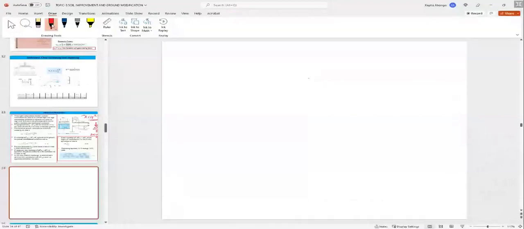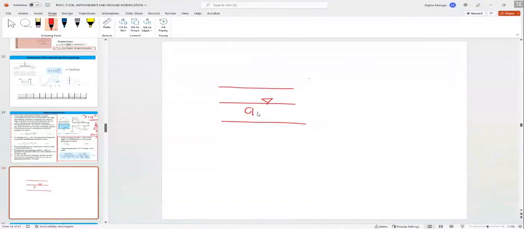All right. So let's say that's saturated clay. That's sandy layer. Now, you apply loading on that layer. Now, the clay layer will undergo consolidation settlement.